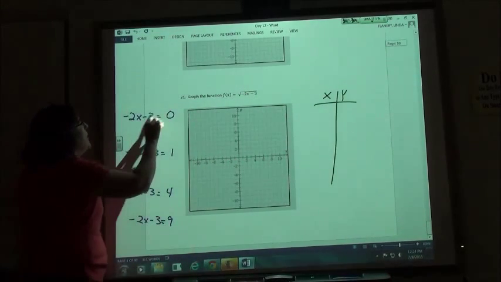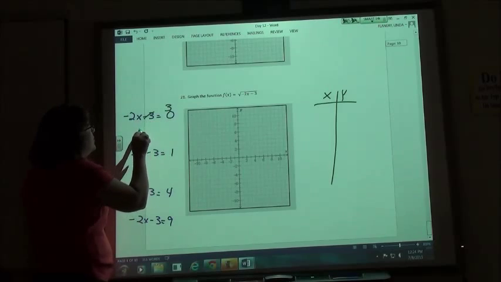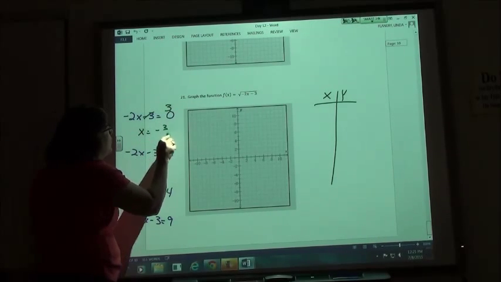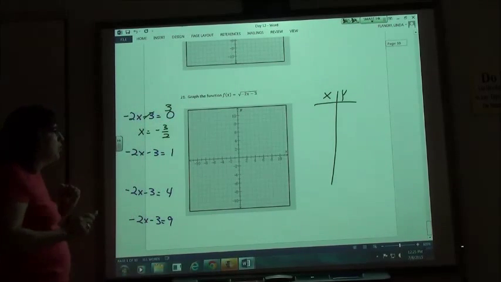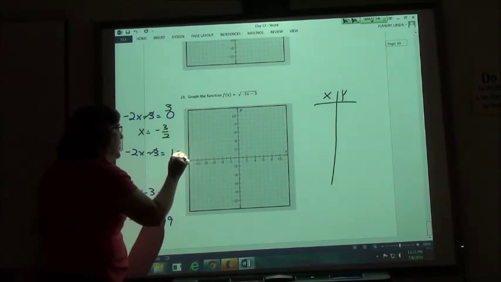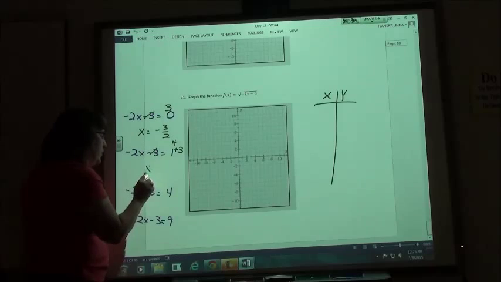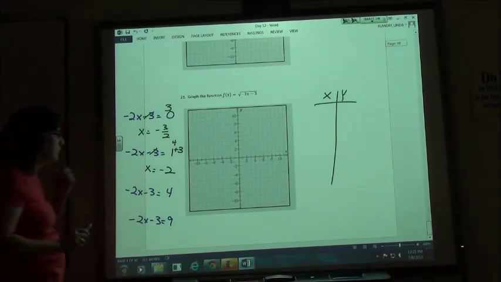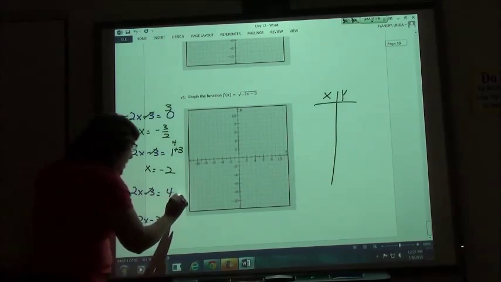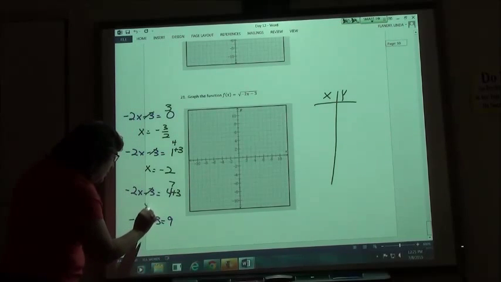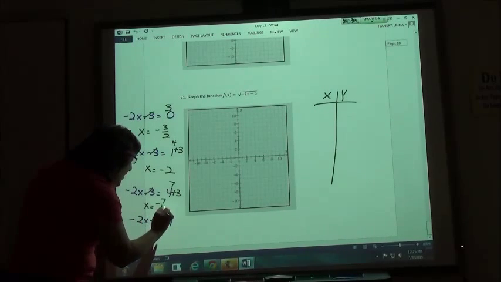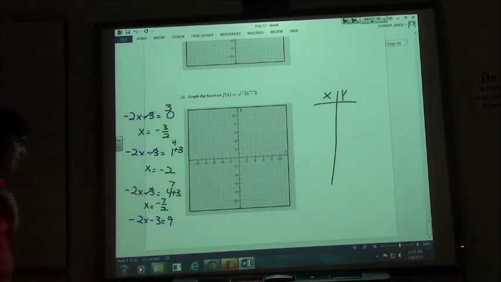So here we're going to add our 3. And so x is going to equal negative 3 halves, 3 over negative 2. Here I have to add my 3, which is 4. 4 over negative 2 would be negative 2. Here I'm going to add my 3, which is 7. So I'm going to get 7 over negative 2, or negative 7 halves.